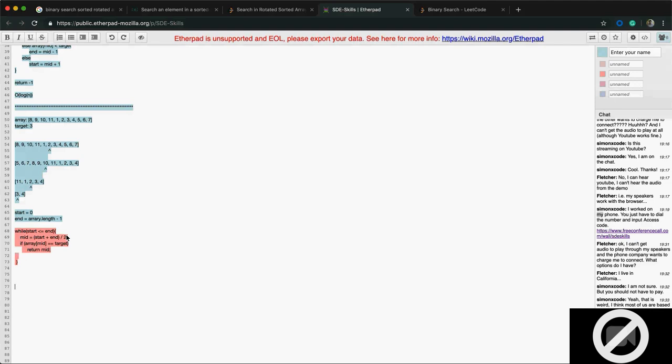Array of mid is, say, compared to array of start.